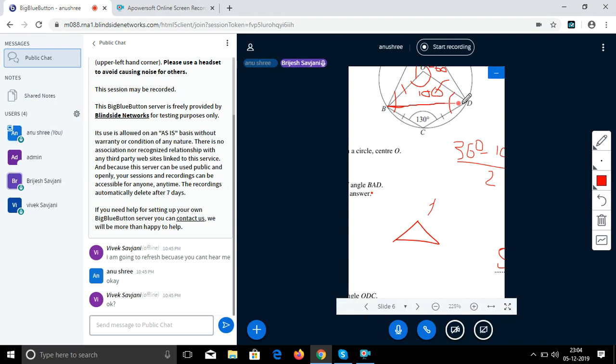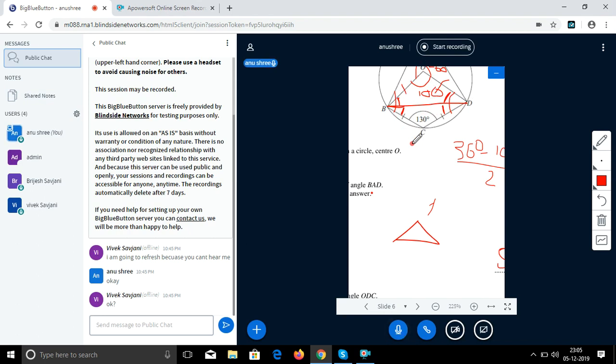So if you divide this into two isosceles triangles, that means this angle equals this angle, and that angle equals that angle. Or you can say that this whole thing is a kite, and that's why the opposite angles are equal. Or you have to divide this whole into two isosceles triangles.